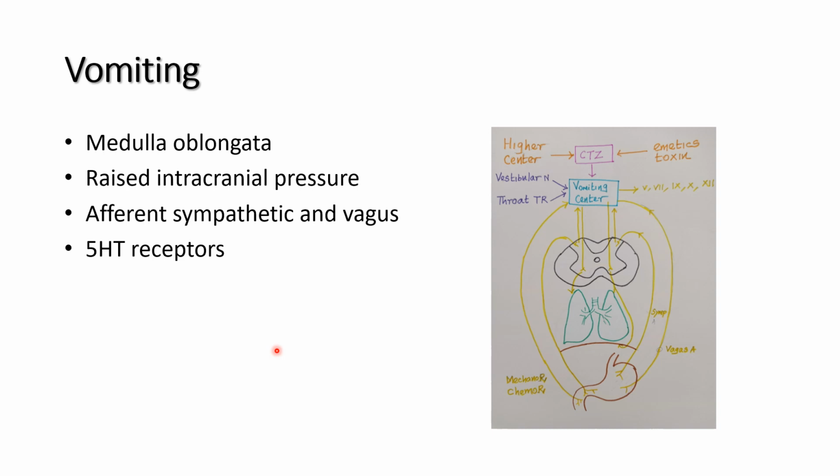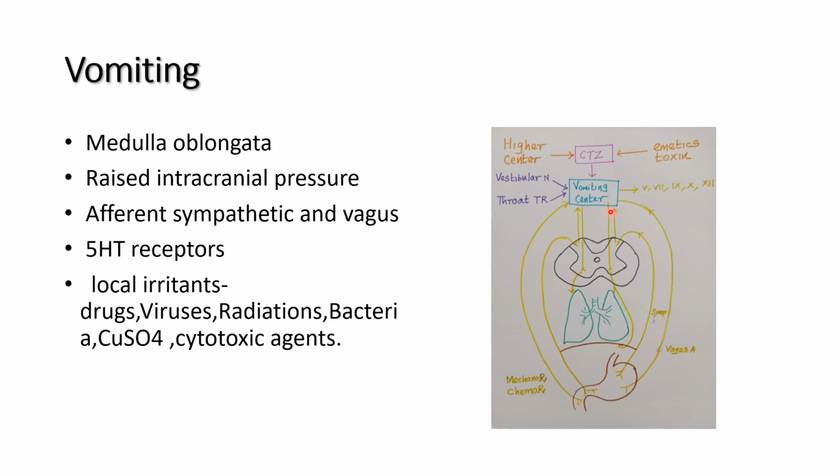The stomach and duodenum contain many 5-hydroxytryptamine receptors that are stimulated by local irritants like drugs, viruses, radiation, bacteria, copper sulfate, and cytotoxic agents. These stimulate the 5-hydroxytryptamine receptors, which send impulses via the sympathetic and vagus nerves to the vomiting center.